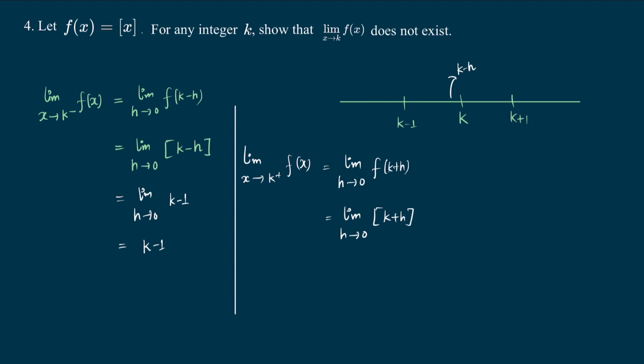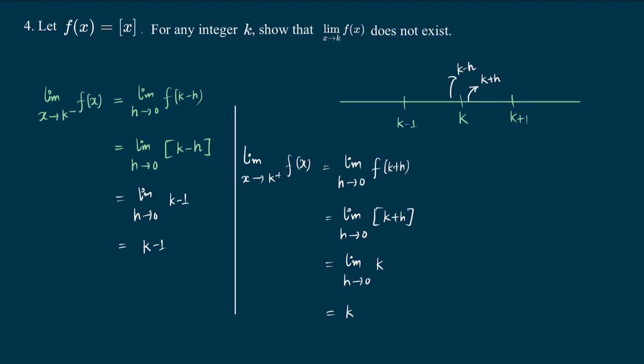Now similarly k plus h in the number line will be somewhere over here, because this k plus h is a little bit bigger than k. Now as you can see in the number line, which integer is less than or equal to k plus h? Answer is k. So here it will be limit h tends to 0 of k.